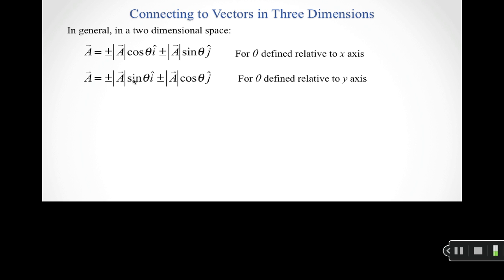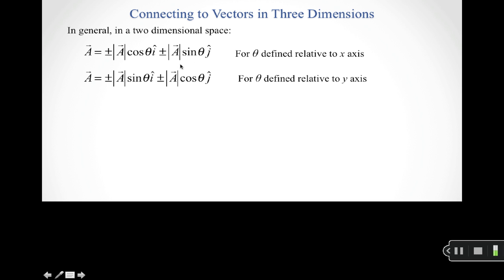So in general, when we're playing around with vectors in two dimensions and want to break them up into their components, we said, if I have an angle theta that's defined relative to the x-axis, then for each component I need to think about what the sign is. Is the x component going to be positive or negative? So does it point in the positive x direction or negative x direction? Magnitude of the vector times cosine of theta in the x component, sine theta in the y component, for an angle theta defined relative to the x-axis.